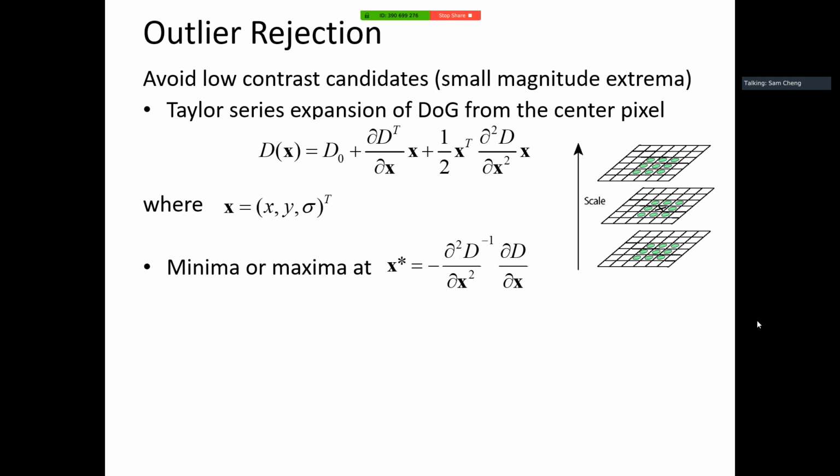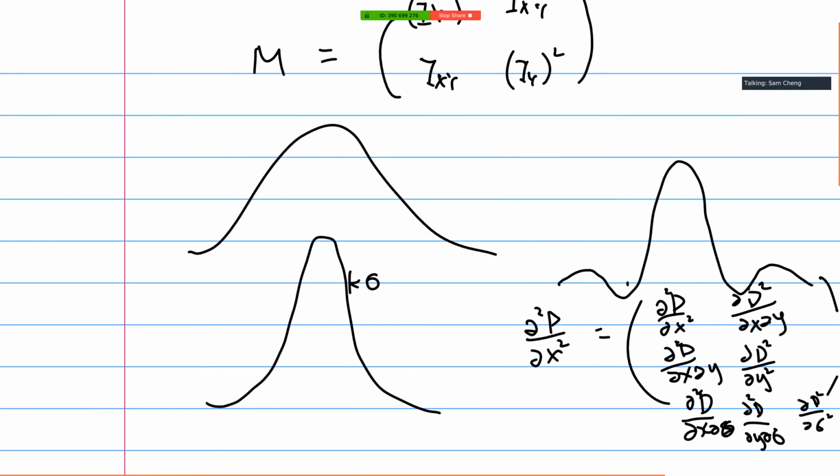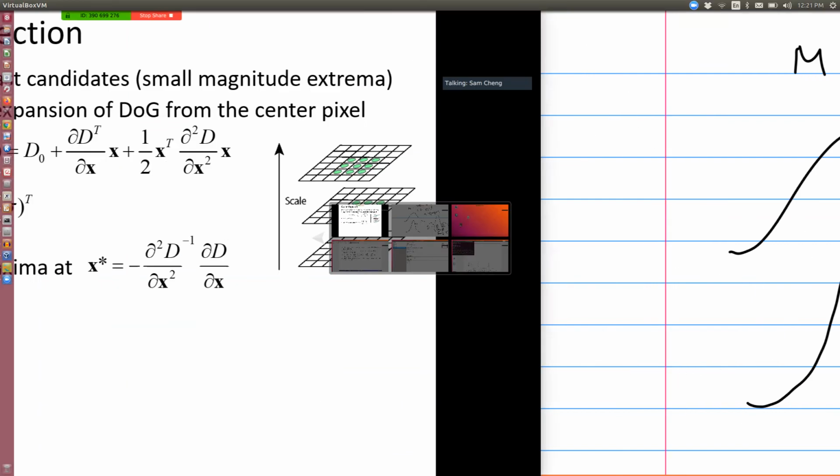If you think of this, you have a Taylor series expansion where your function is some d plus x times a partial derivative, partial d partial x, and then let's say I just call it H here for simplicity. H times x, actually x minus x naught, right?